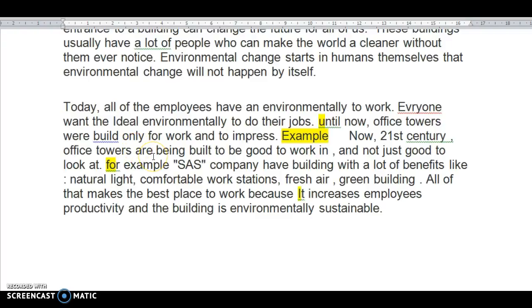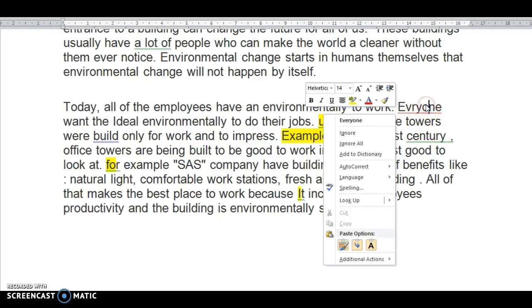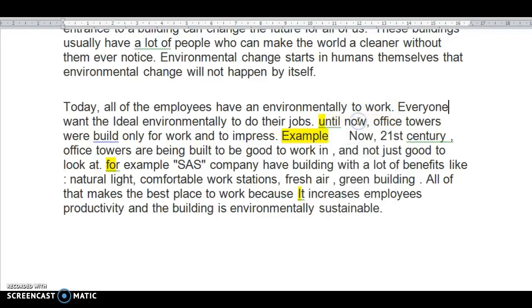Now I want to take a look at some of the things. If we look, we see these lines. We see a red line here, and a blue line here, and a green line here. What do they mean? Well, the red line tells me there's a spelling mistake. If I right-click my mouse, and I say, oops, it corrects it.